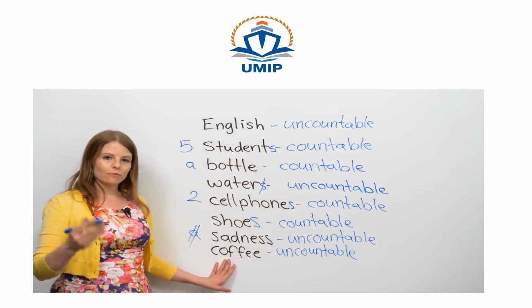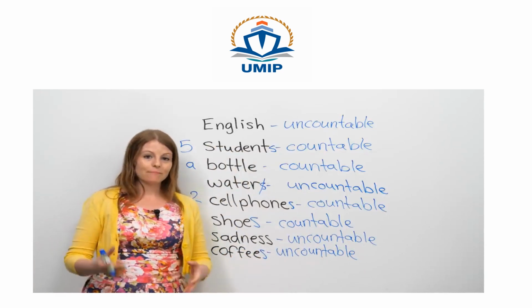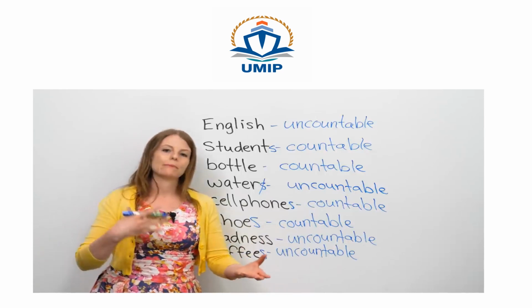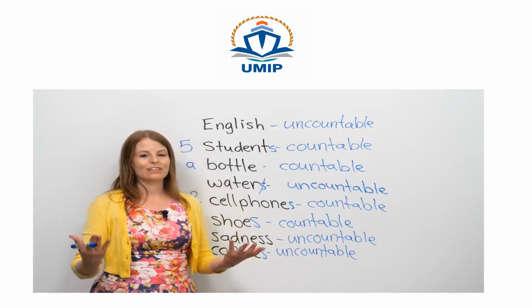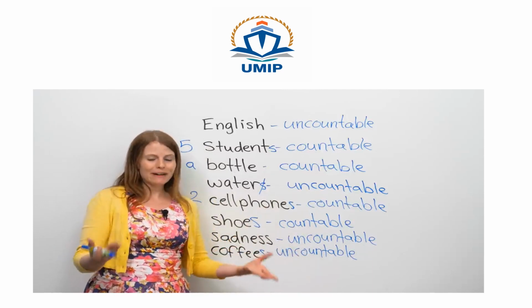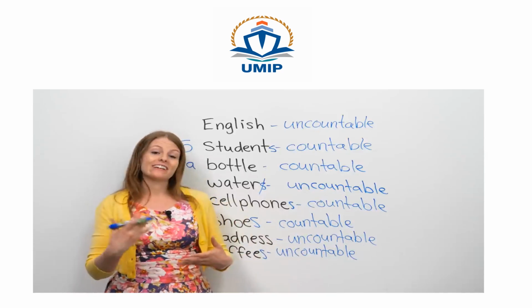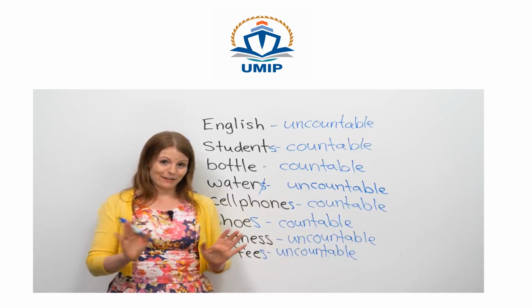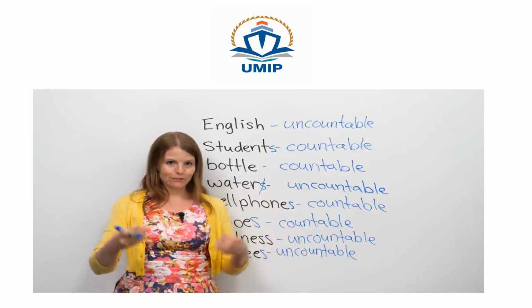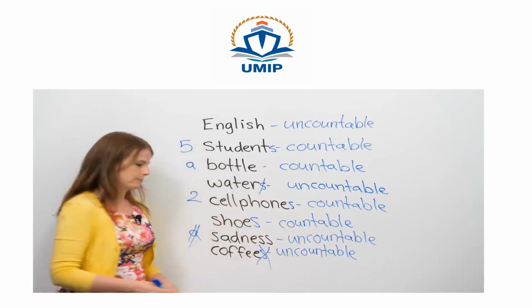So usually we don't say coffees. Okay, but again, there's always exceptions, and sometimes people might go to a restaurant and actually say, I'll have a coffee. So you might actually hear that. It's going against the grammar rule, but people are starting to say things like that. I don't want to confuse you more, but in terms of the grammar rule, coffee is uncountable.